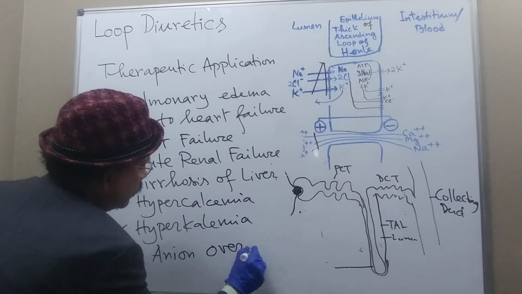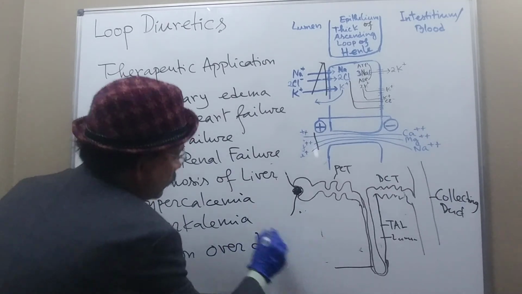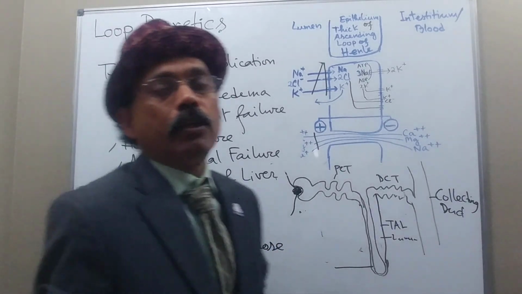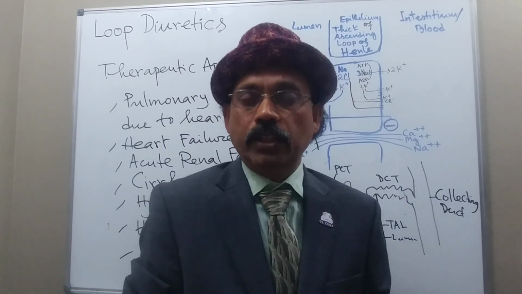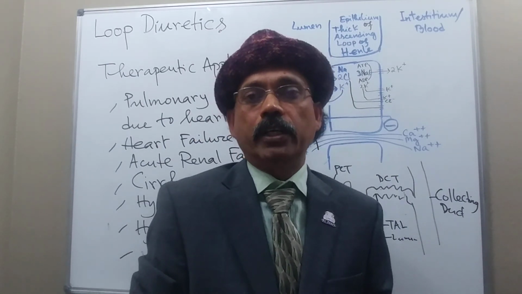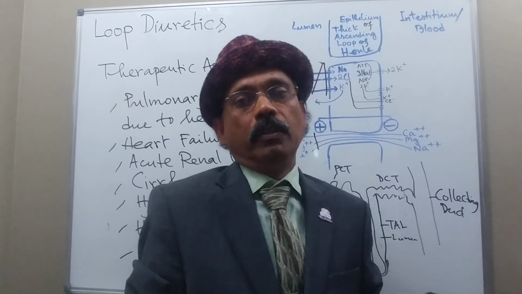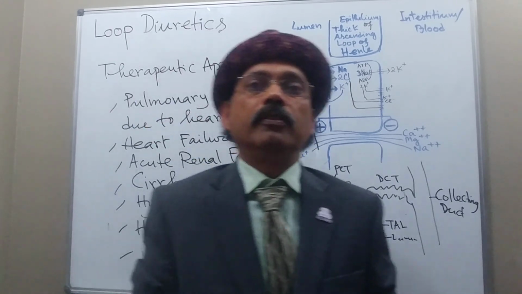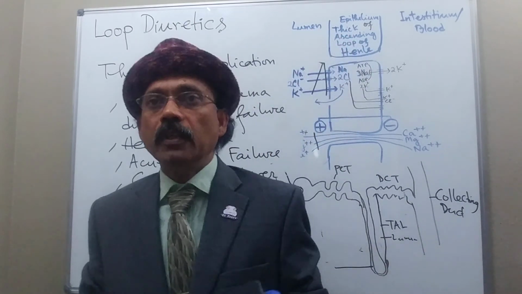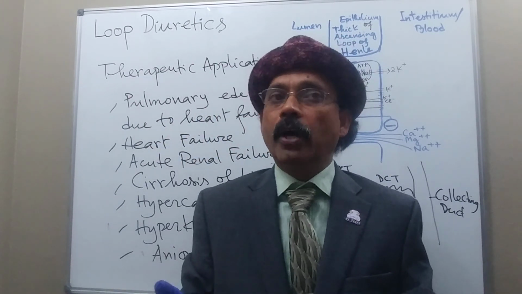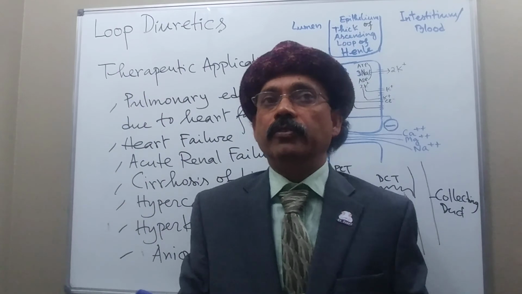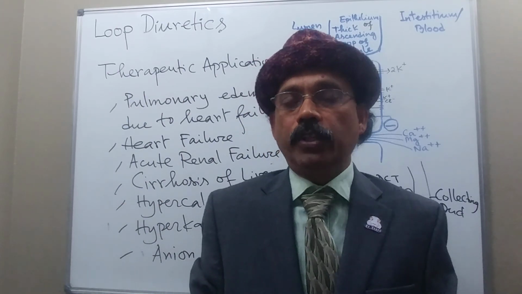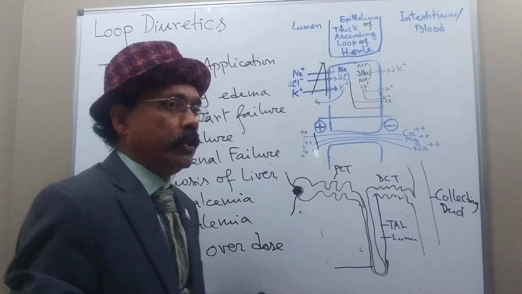What is that? Overdose. This happened due to accidental intake of iodide, bromide, fluoride by a person. Then we will have a problem that is called anion overdose. In that condition, this is the medication for that, the loop diuretics.